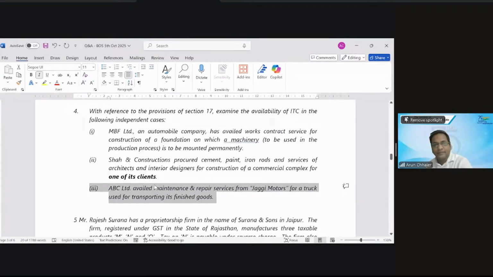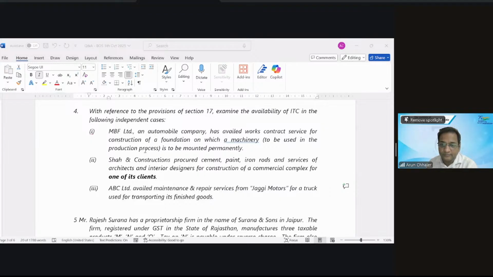And last, you all have given the answer. ABC Limited availed the maintenance service from Jaggi Motors for a truck used for the transportation of its finished goods. What is the reasoning that you are giving? Let me read the reasoning. So, Harshit is saying ITC would not be available.